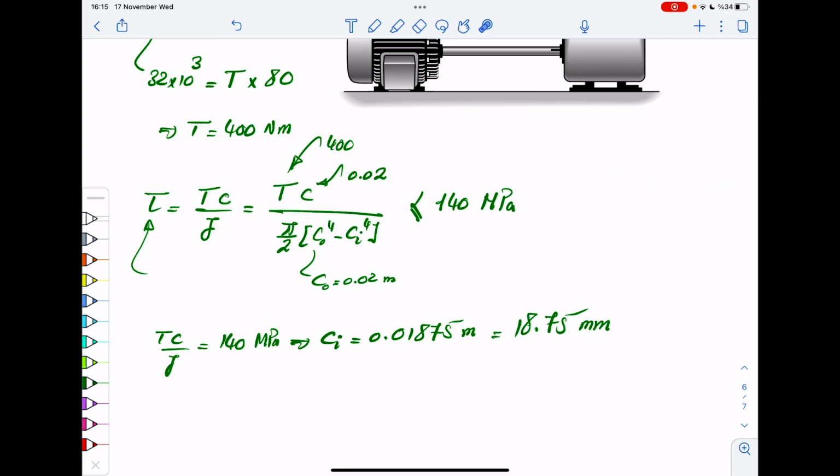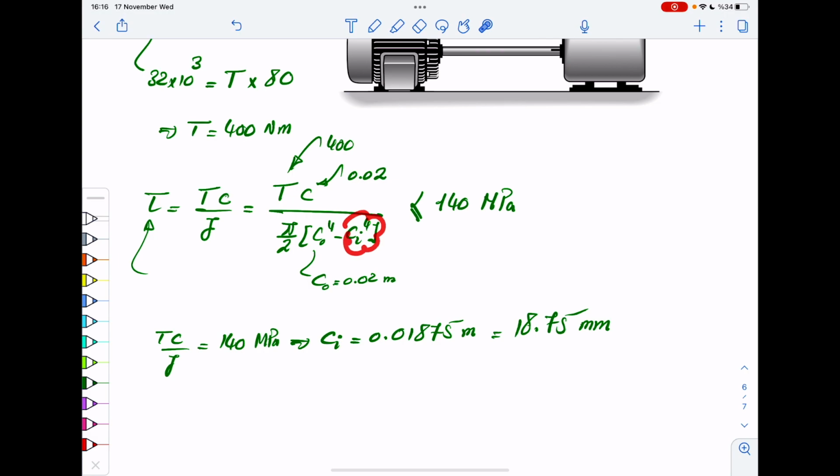Now the question is, if from the second part I end up with a radius that is less than this, would it make this better or worse? Does that make sense, the question?